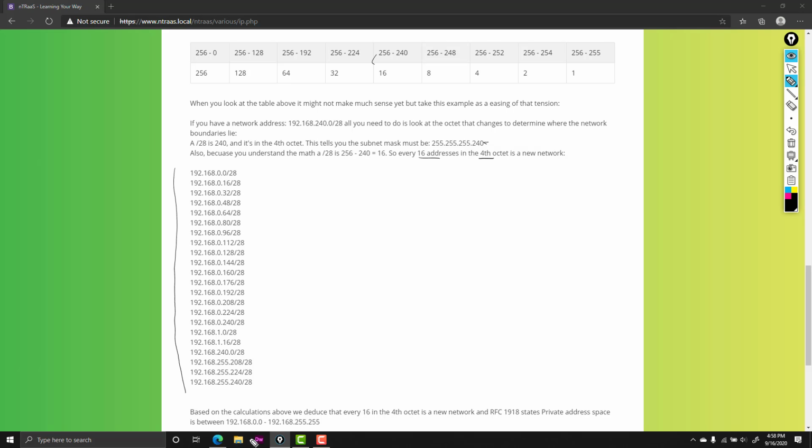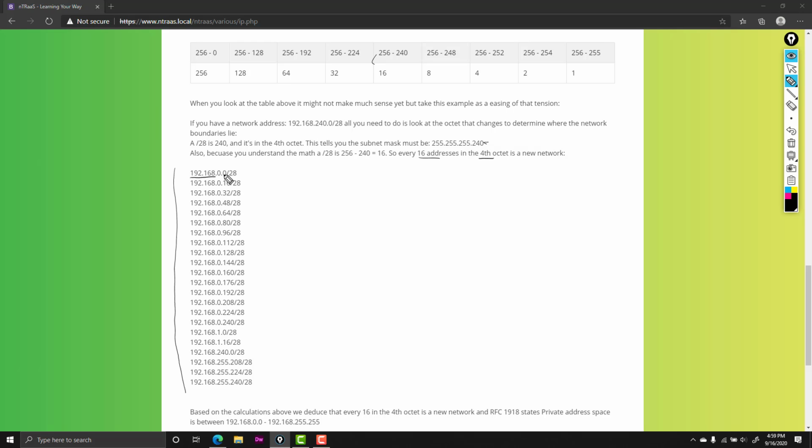Because we have a Class C IP address, it starts with 192.168 and doesn't change all the way down. But you'll notice the 3rd and 4th octets can be changed. Using our subnet masks, you'll see that we have a whole lot of potential networks available to us.